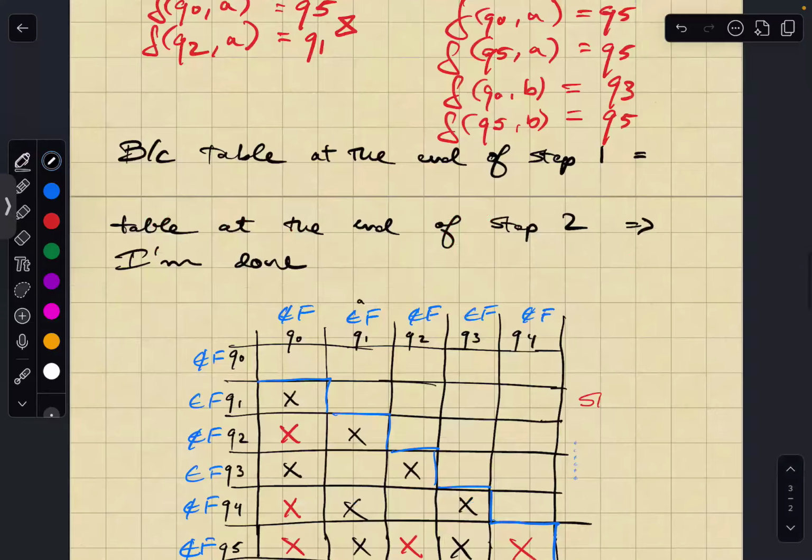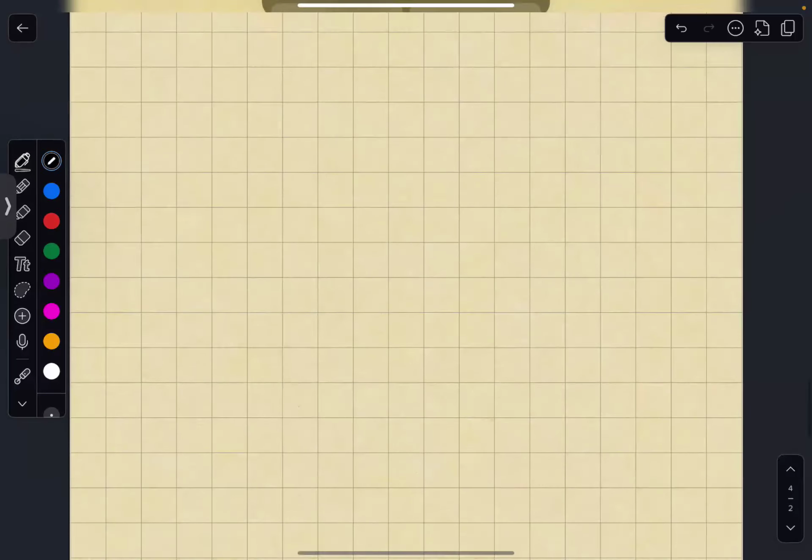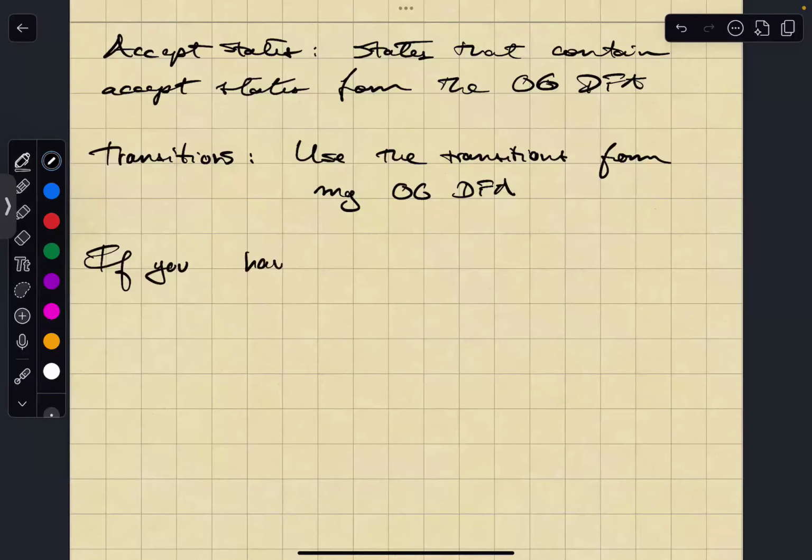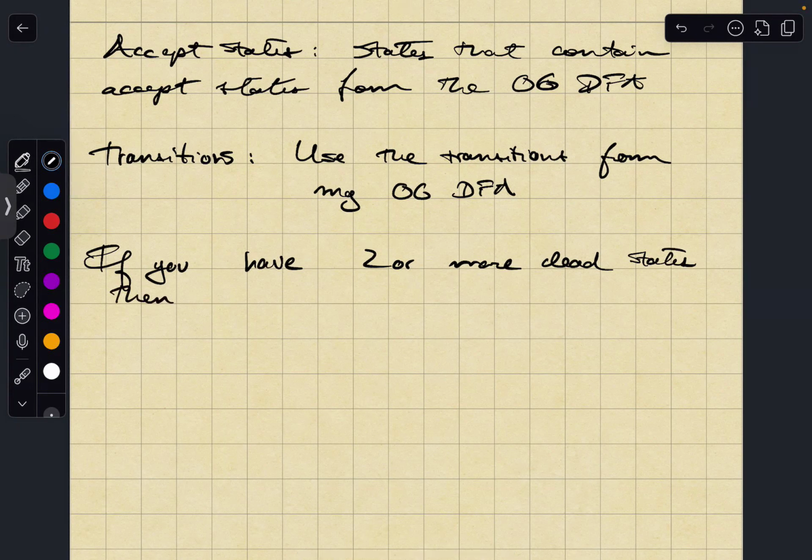If you have two or more dead states, then the minimization algorithm has to actually merge them together. If it doesn't, then that means that there's a mistake in your execution of the algorithm. It must. If you have two or more dead states, then the minimization algorithm must merge them together.